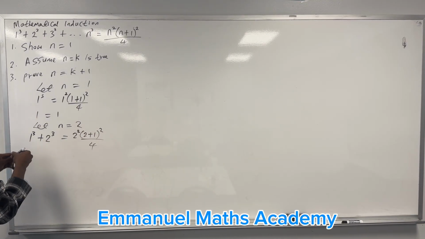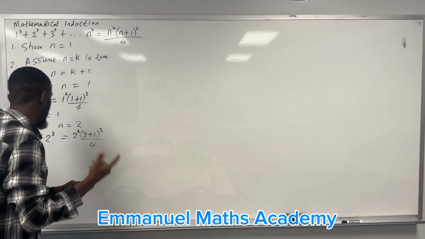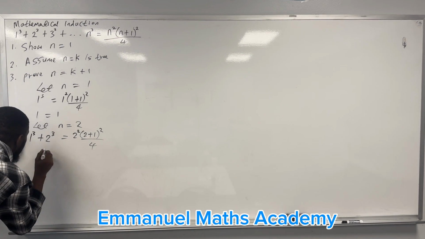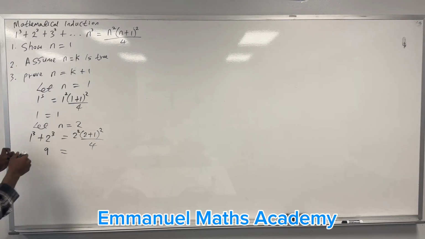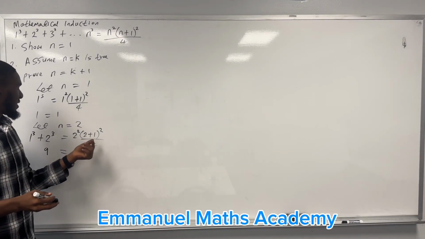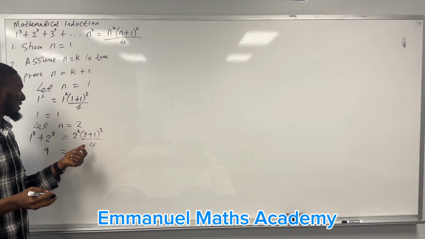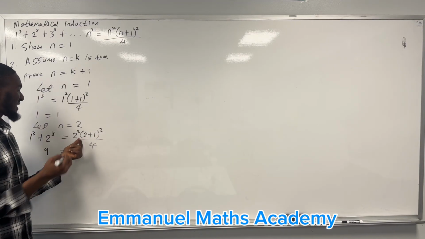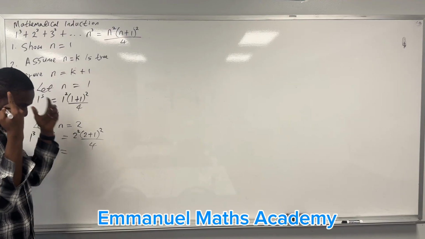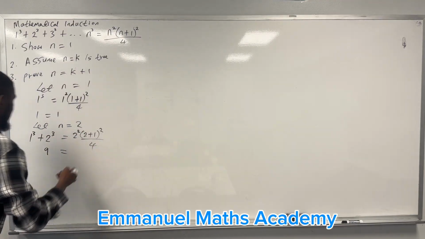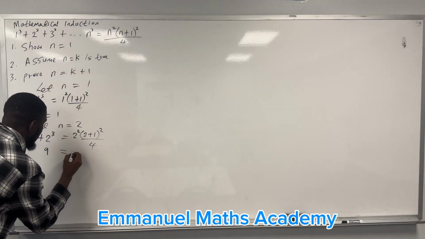So here you have what? 2 raised to power 3 actually means 2 times 2 times 2, 8. 8 plus 1 will give you 9. Here we have 9. If we simplify this further, 2 plus 1 will give you 3. 3 raised to power 2 will give you 9. So 9 times 4 gives 36, and 36 divided by 4 will give you 9.